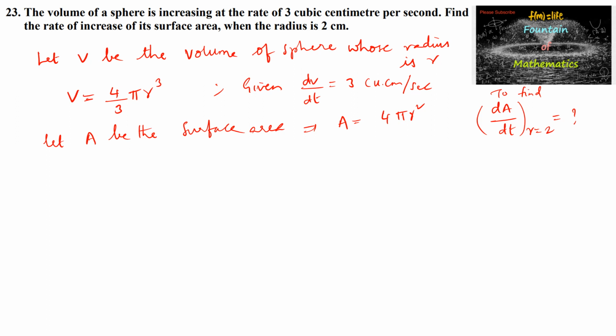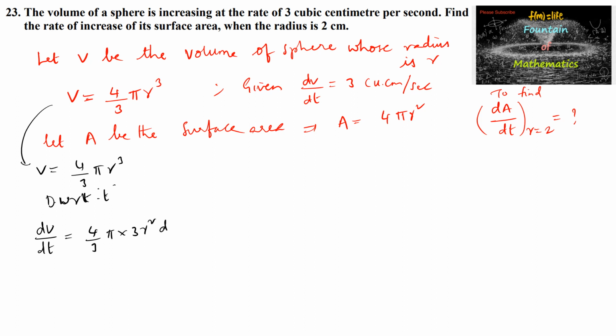Okay, now let us consider volume V is equal to 4 by 3 pi r cube, differentiating with respect to t. So we have dV by dt is equal to 4 by 3 pi, which is constant, and r cube differentiation is 3 r square dr by dt. So dV by dt is given 3 cubic centimeter per second.